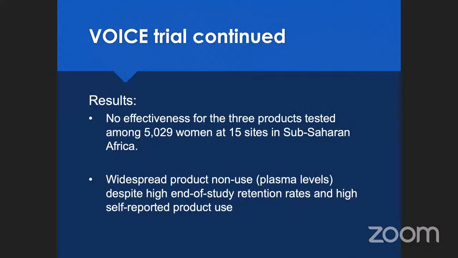The results of this trial showed no effectiveness for the three products that were tested among up to 5,000 women at 15 different sites. This was due to widespread non-use of the product, shown by plasma levels, despite the high study retention rate and also the high self-reported product use.